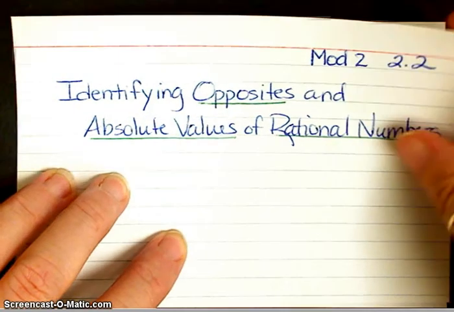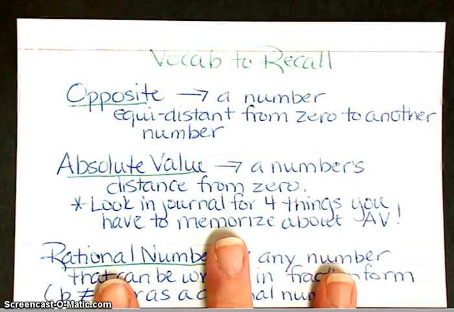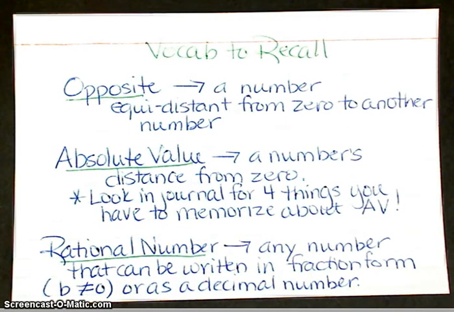So before we go any further, I want to go over the vocabulary words that you need to be able to recall and you need to be familiar with. The first one is opposite. The opposite in math is a number that is equidistant from 0 to another number. Remember, equa means equal, distant means how far.